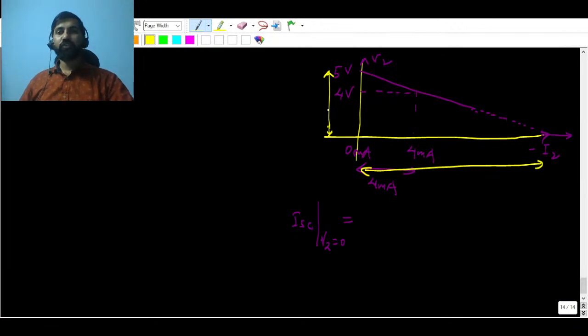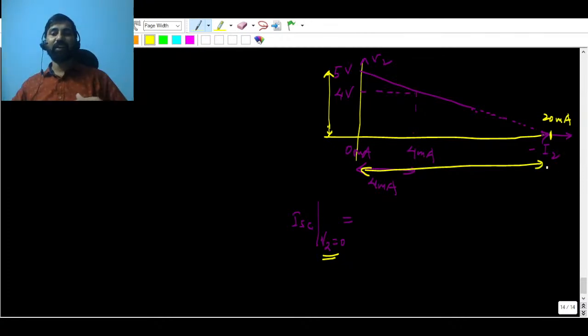To maintain the constant slope, you need to find ISC. For ISC, V2 is going to be 0. So ISC is going to be 20 milliampere. See, for 0 to 4 milliampere there is a change of 4 volt, and for 5 volt there should be 20 milliampere. Keep this in mind, because they have given a linear plot. So ISC is going to be 20 milliampere.